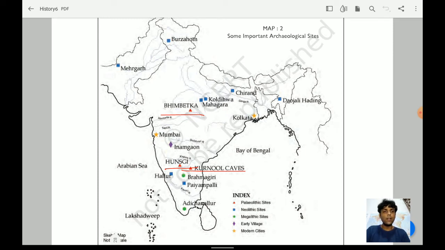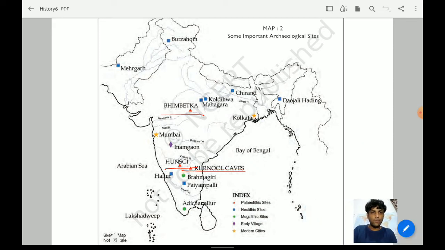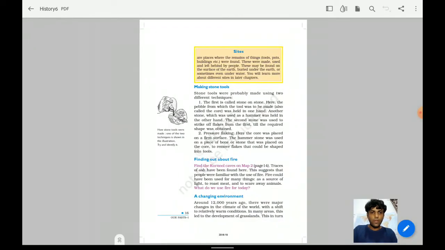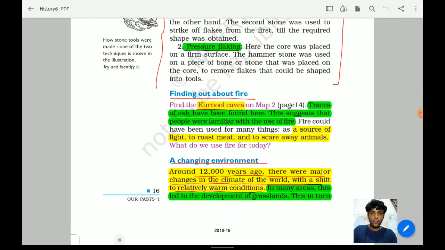So here are the Kurnool caves, which we can see. Here they have found fire. Traces of ash have been found.